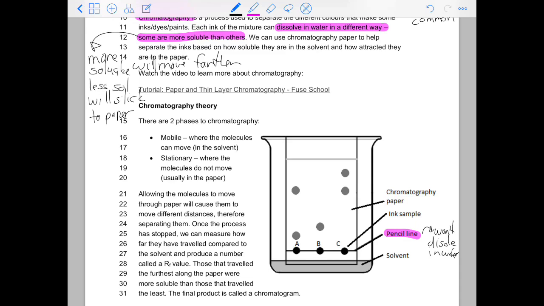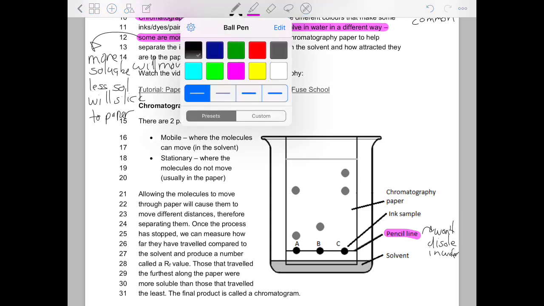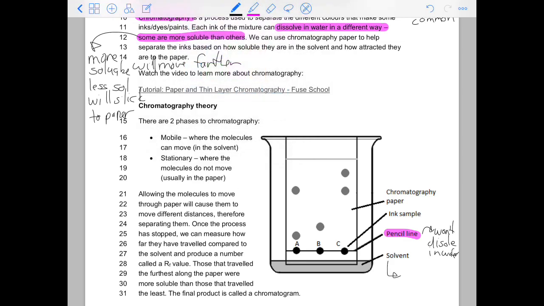So as it goes on, the water, the solvent here, which we mostly use water, but we can use other ones, will move up the chromatography paper, or filter paper is sometimes also used, and it'll take that ink with it. So you'll notice B here makes only one spot, so it doesn't get separated.